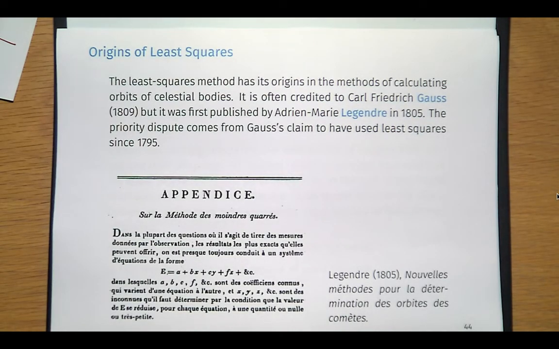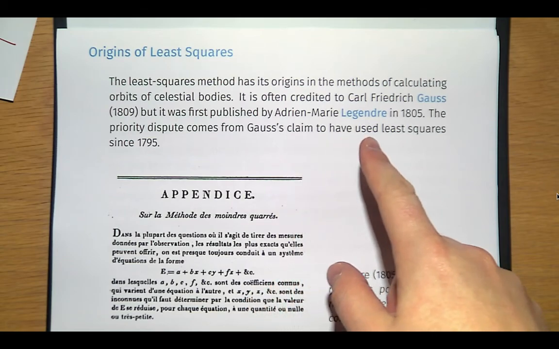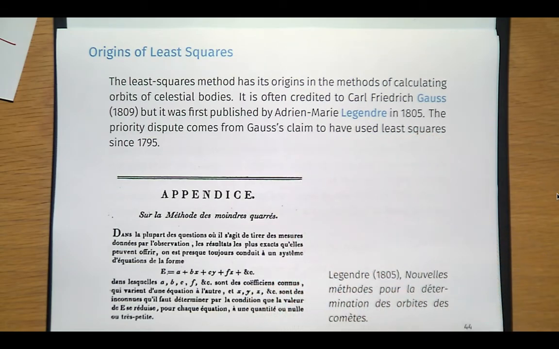So a number of people have independently looked at the problem. I mean, it's such an important problem in maths that it's not just one person who discovered it, it's a range of people. But basically, the first person that really published least squares is Adrien-Marie Legendre in 1805.